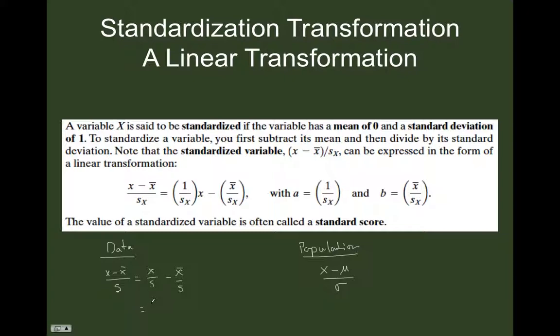And then the last step the textbook just wrote down: this can be written as 1 over S times X minus X bar over S. So what they're saying is that if we let A be 1 over S and we let B be X bar over S, then what we end up with is a linear form, or a linear expression.